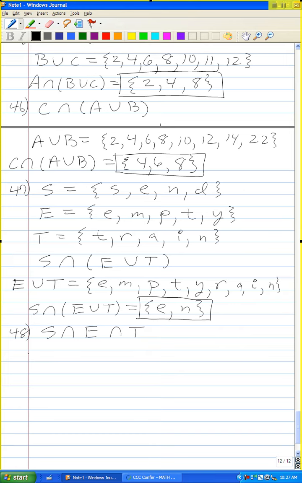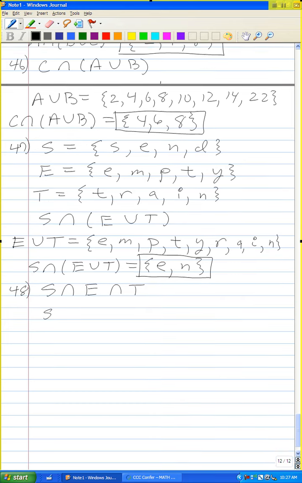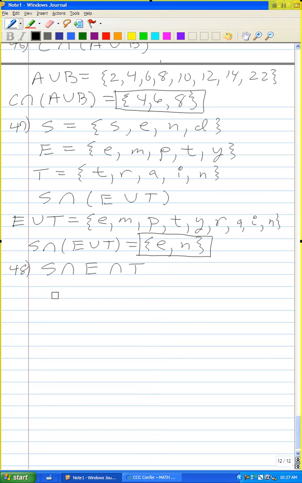So you would actually do first S intersect E. So S intersect E is just E. That's the only intersection between these. So there's no S, no N, no D. And so now let's do S intersect E intersect T. So what's the overlap between E and the set T? Well, there's nothing. So it's the empty set.